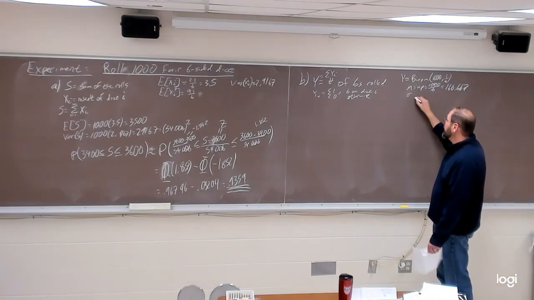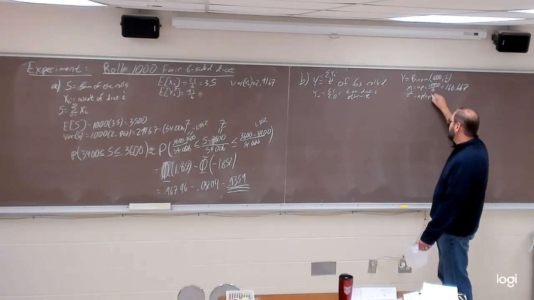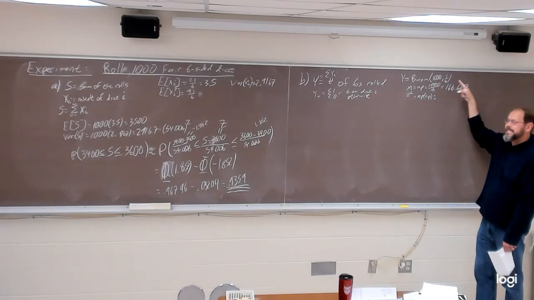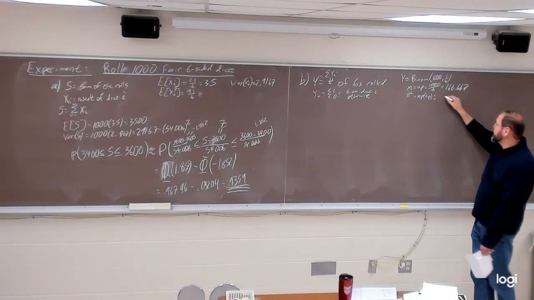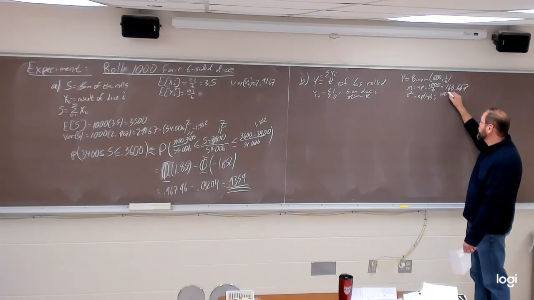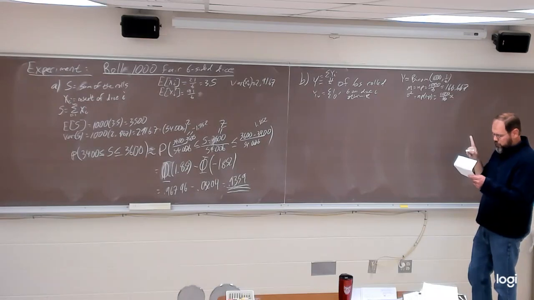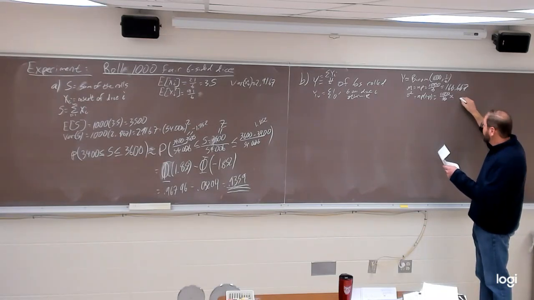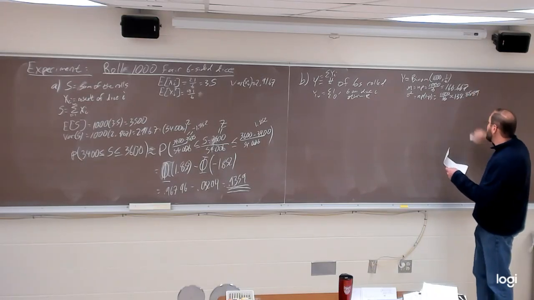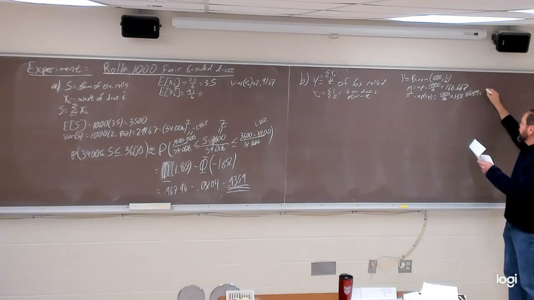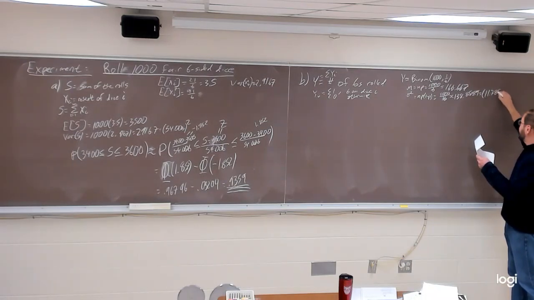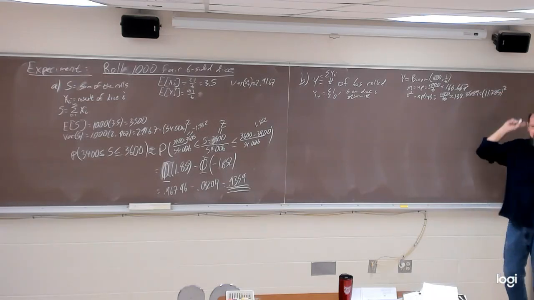And my sigma squared, my variance, will be np(1 minus p). So it'll be this times 5/6, which is 5,000 over 36, approximately equal to 138.8889, which is approximately 11.785 squared. I'll just write my variance as some number squared.